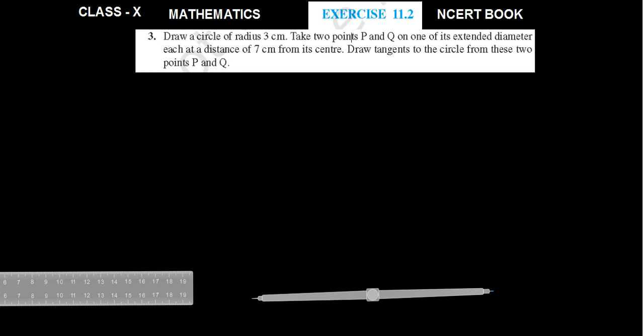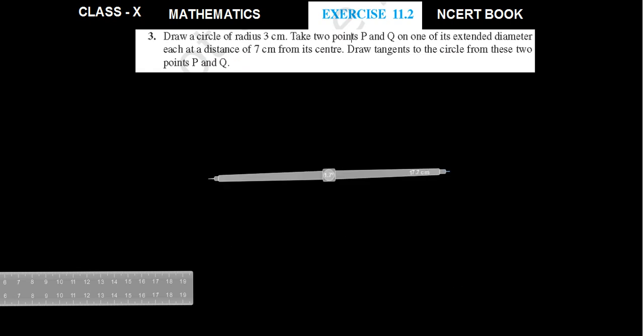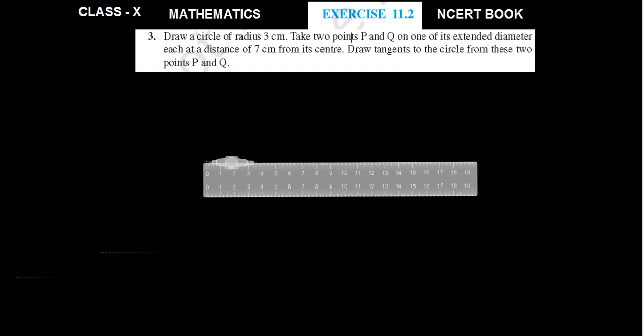So first of all, we have to draw a circle of radius 3 centimeter. Here is the scale. Now look here.